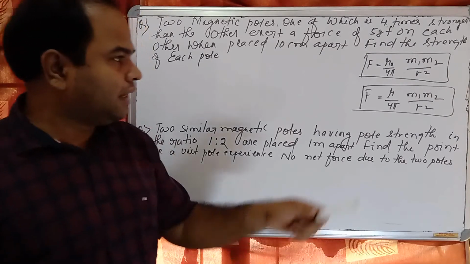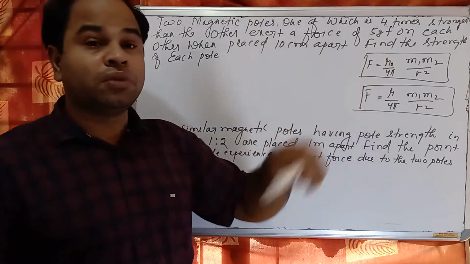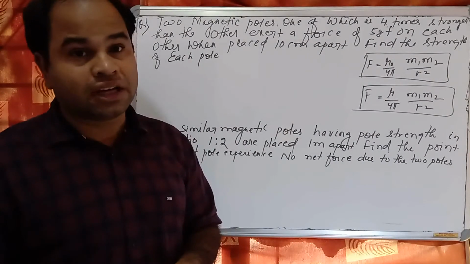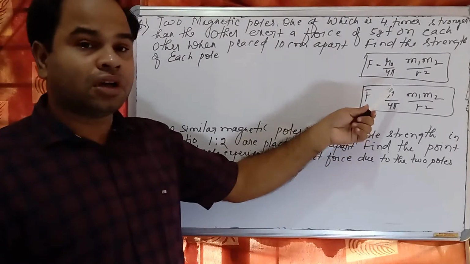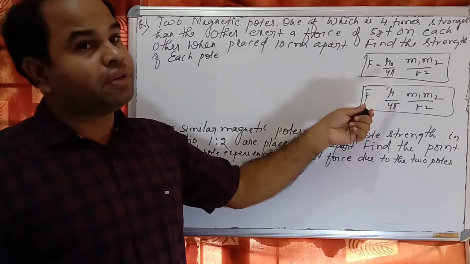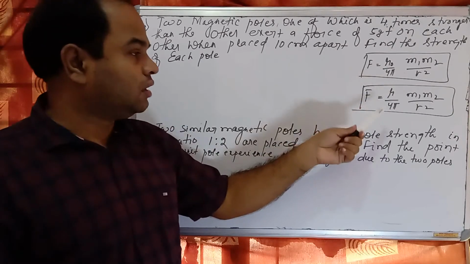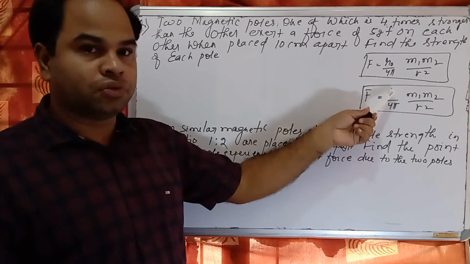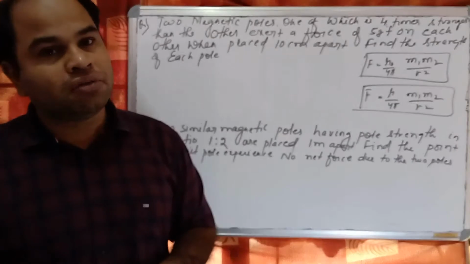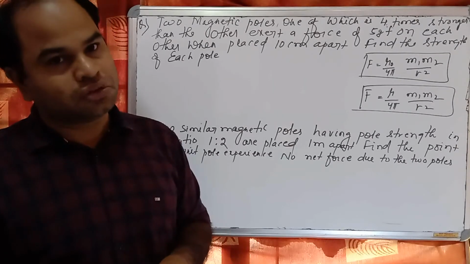Mu naught is the permeability of free space or air medium, but in any other medium we will have mu, where mu is the permeability of that medium.